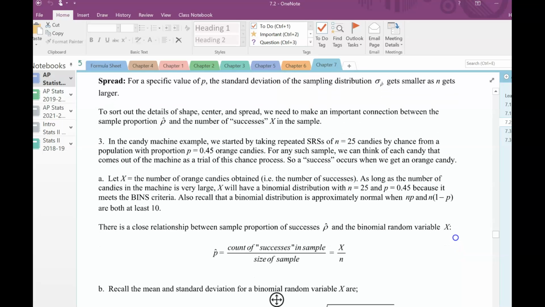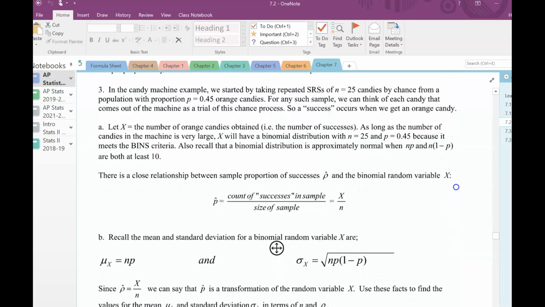So I'll let you take a look at what it says there in 3a. But think about this as a connection to a binomial distribution. In a binomial distribution, we were counting the number of successes. In a sampling distribution of p hat, we are looking at the proportion of successes.